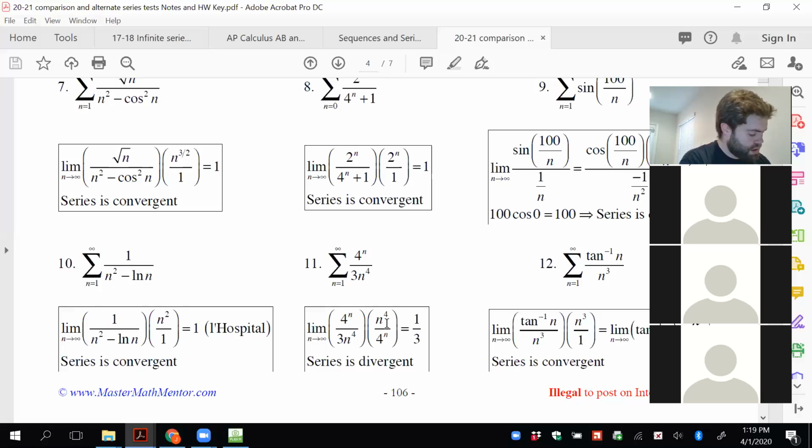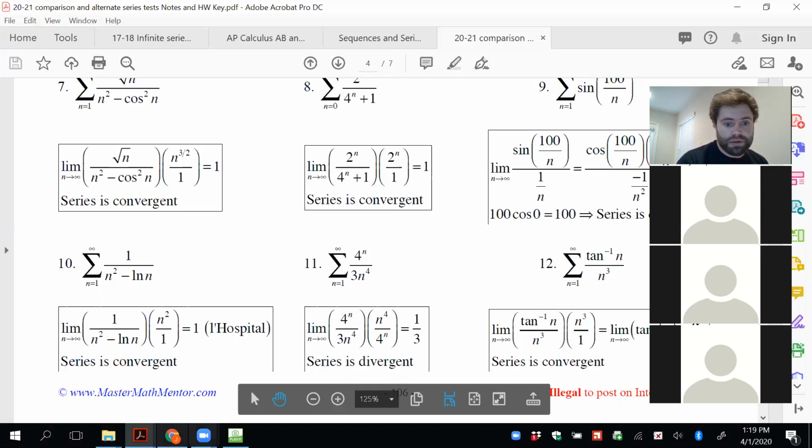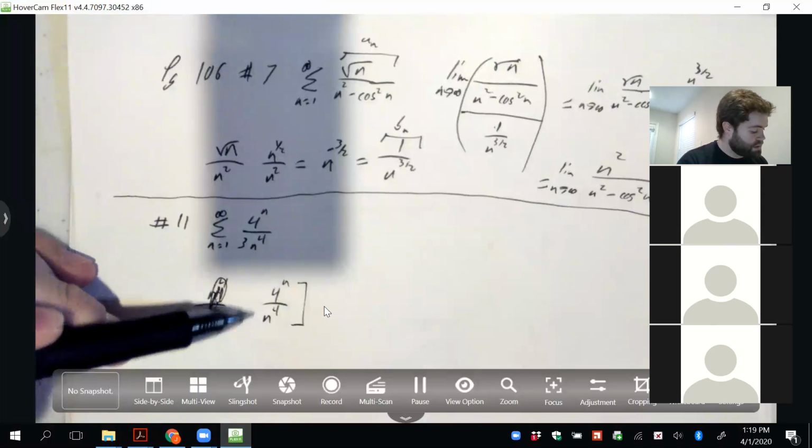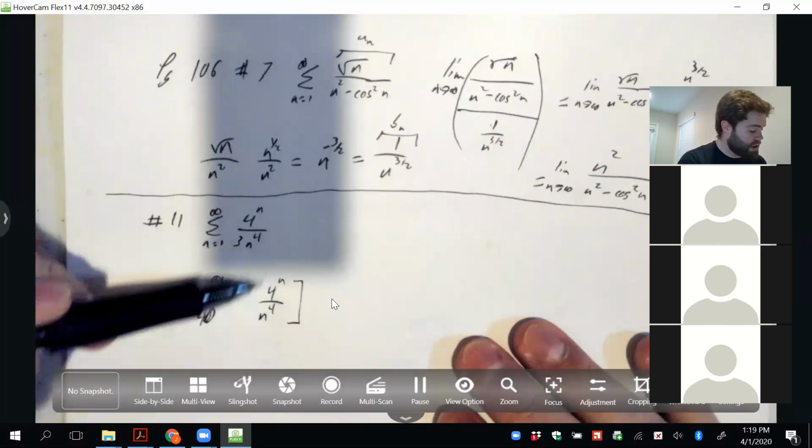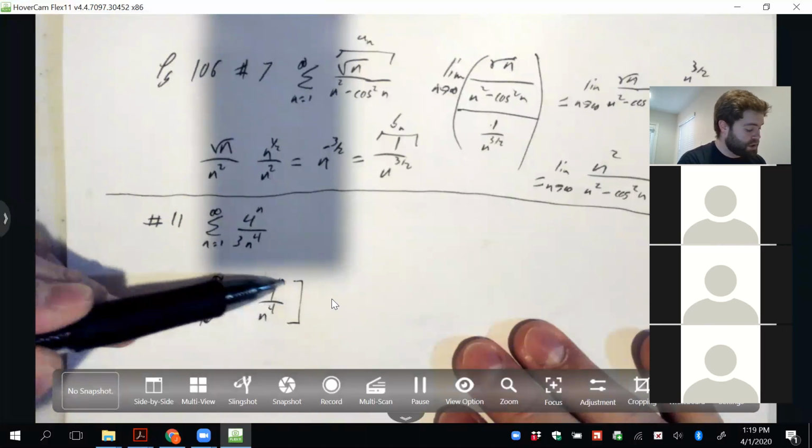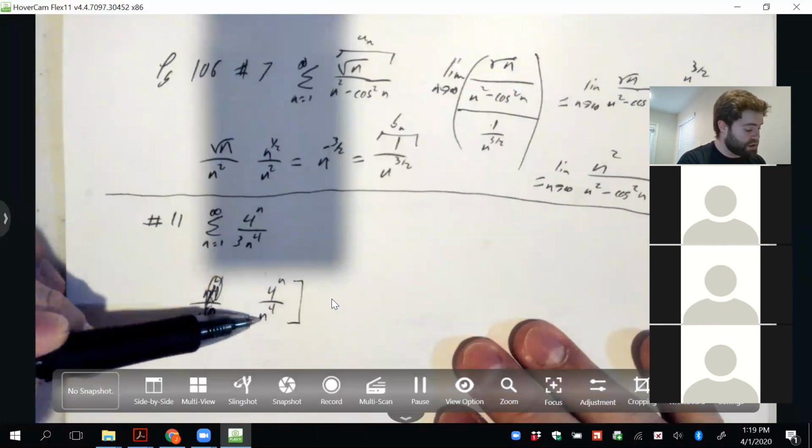But we currently don't even have a good reason for why this one is divergent, 4 to the n over n to the 4th.